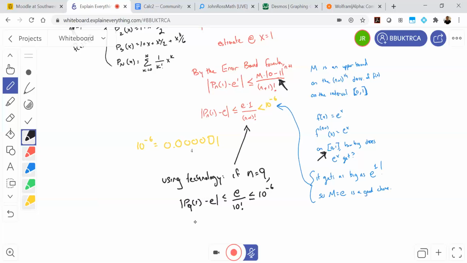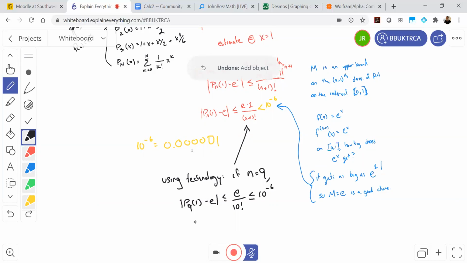Yeah. What are the m values? Is it the absolute max, or is it just the upper bound? Yeah, this is another great question. Thank you. The question was about the number m. Does it have to be this absolute maximum, or is it just some upper bound? It can absolutely just be some upper bound. So we chose the maximum value, which is the least upper bound. It's the smallest of all the upper bounds. But we didn't have to do that. So we could have been a little lazy.